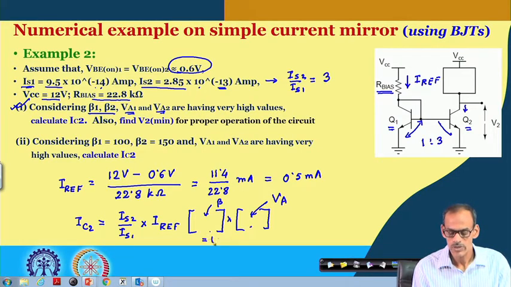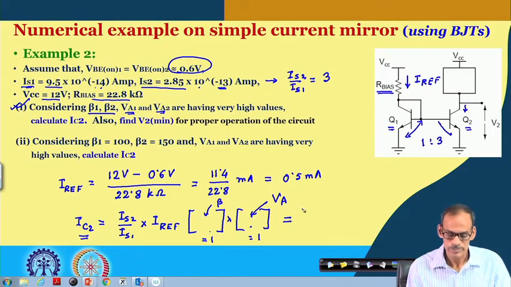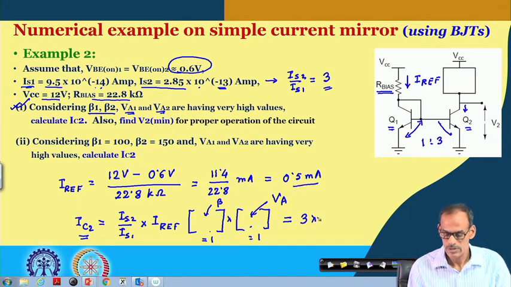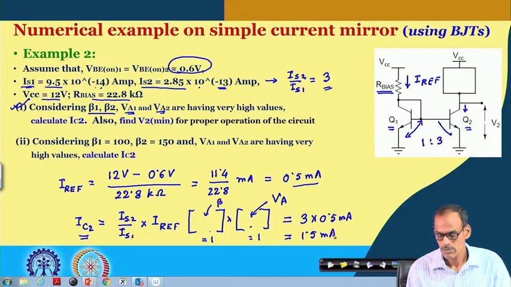So, that gives us the current IC2 equals IS2 by IS1, which is 3, times the I reference current we have calculated, 0.5. So, that gives us the output current equal to 1.5 milliampere.